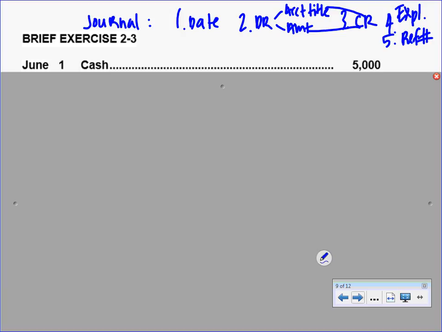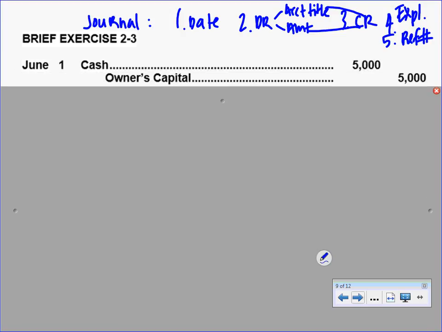The owner invested. Okay, the owner invested, but it shows up as owner's capital. Or even when I was doing this, I did Lynch, capital, because that's the owner. Either way is okay. You'll notice the debit is on the left, the credit is on the right. I like how the book organizes that.